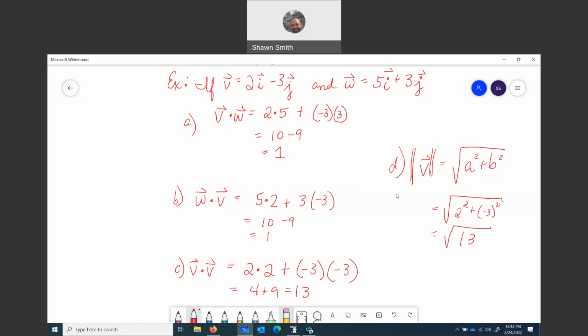So the radicand right here is the same thing as squaring the vector. So v dotted with v is the magnitude of v all squared, right? That's true. We square that, the radical disappears, both sides equal to 13.